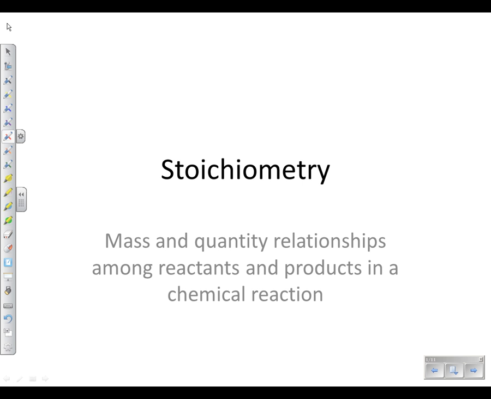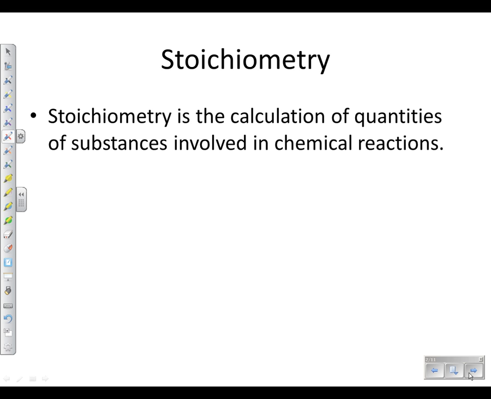They just tell you what is reacting, but not how much. Stoichiometry tells you how much. Stoichiometry is the calculation of quantities of substances involved in chemical reactions. Calculation of quantities. So again, that word shows up. Quantities. We're dealing with measurements and numbers and calculations based off of those measurements.